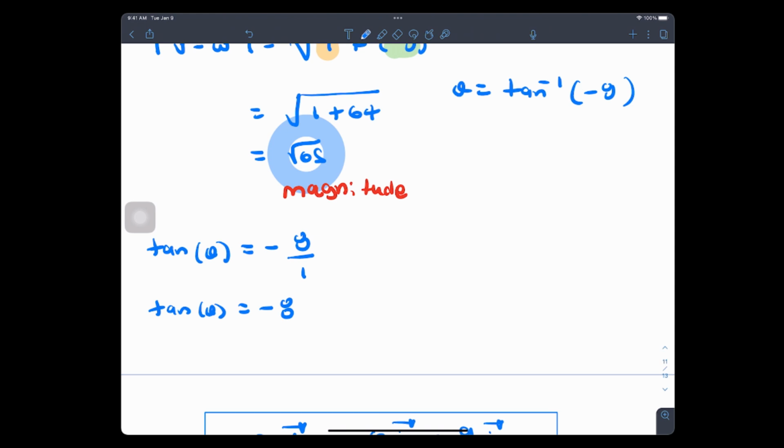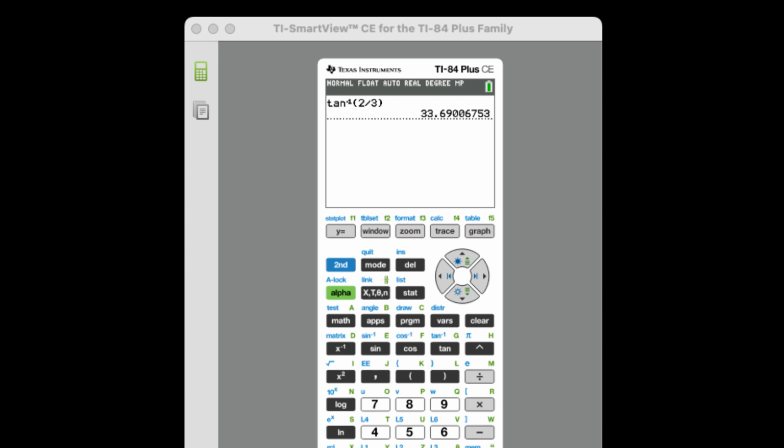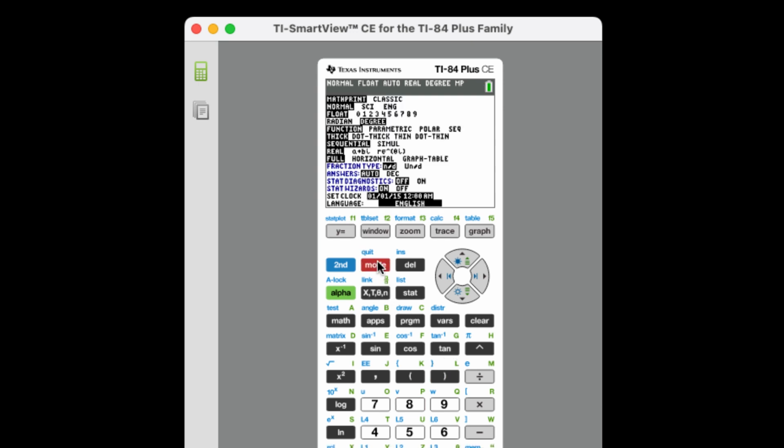So what does the calculator say? What's inverse tangent of negative 8? We're going to have to go to the calculator. You guys know that? Okay. What is that going to be? You get an error? Where's inverse tangent? Negative 8. Let's make sure we're in degrees. Are we in degrees?